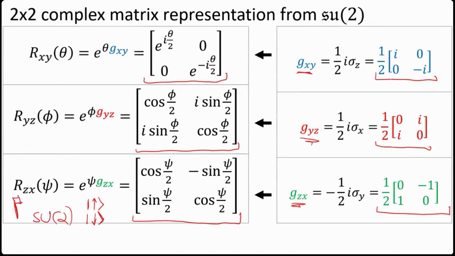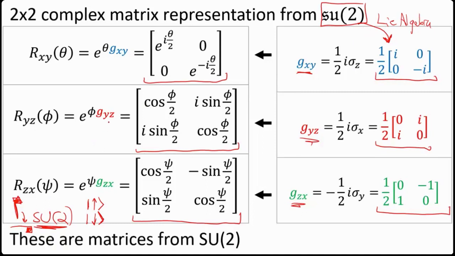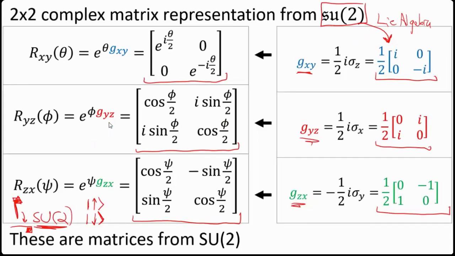If you remember the flagpole from the first talk, we rotated the flag with SU2 matrices. And the Lie algebra is the lowercase su2. So this is the Lie group SU2. This is the Lie algebra su2. So these are matrices from SU2. So basically SU2 and SO3 have the same Lie algebra. So they're very deeply connected.